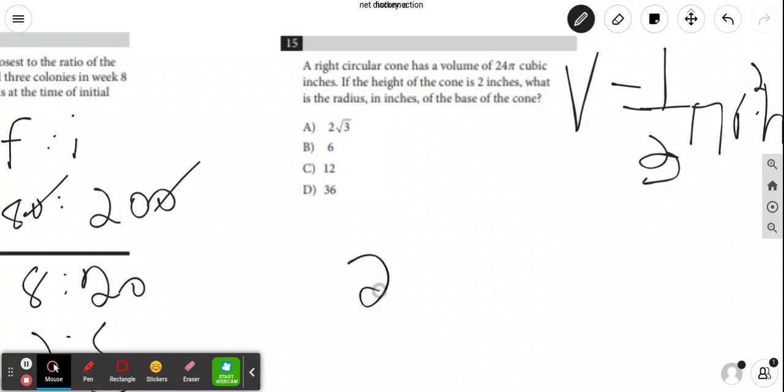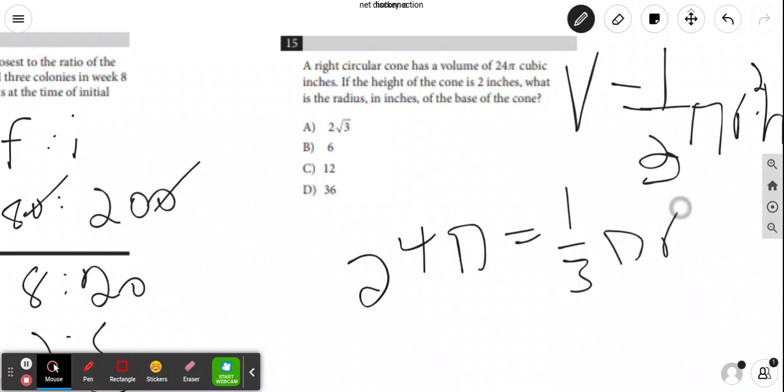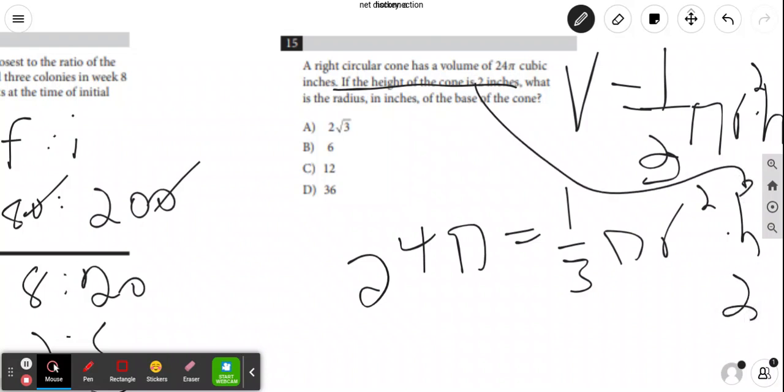The volume is 24 pi, which equals 1/3 pi r squared times height. With that, plug into it. It says the height of the cone is 2 inches. So 24 pi: you can cancel out the pi's immediately, and then I would also take out the 2's.